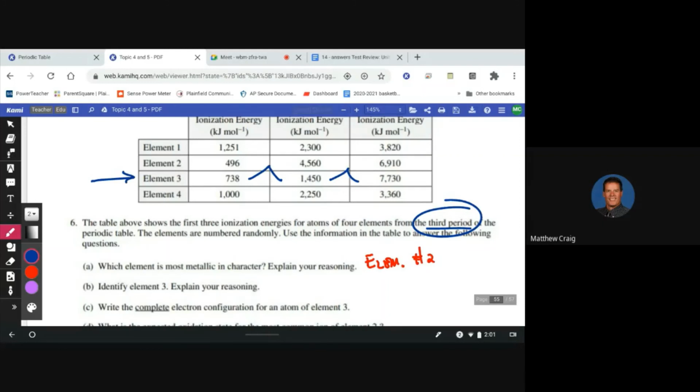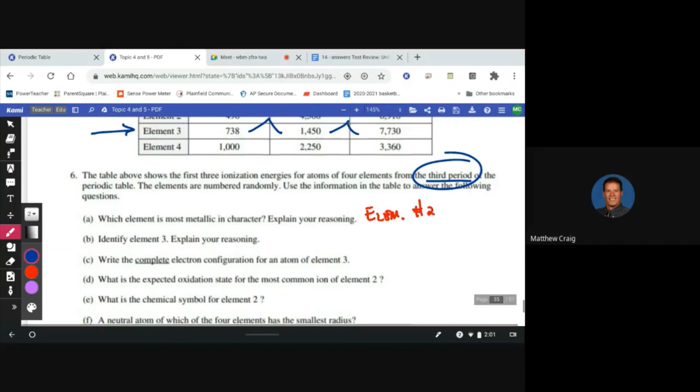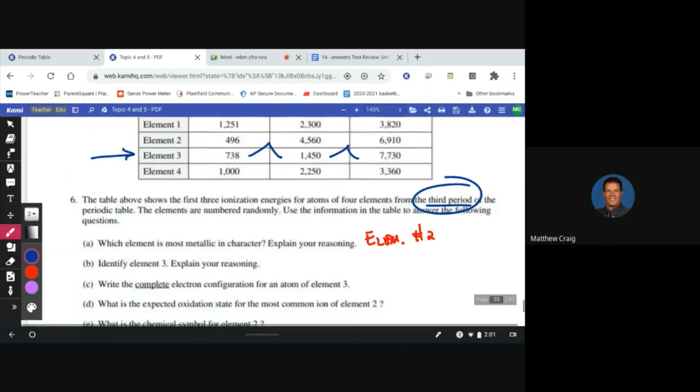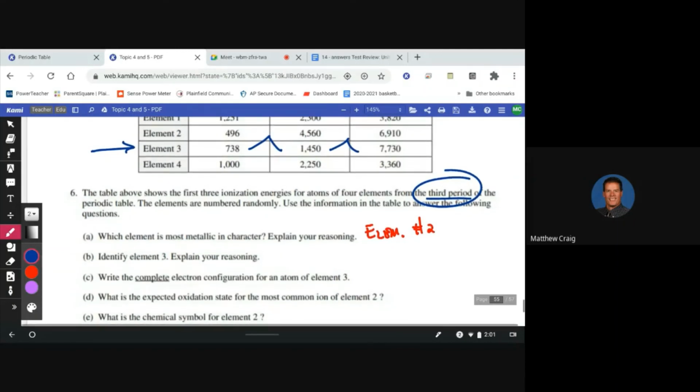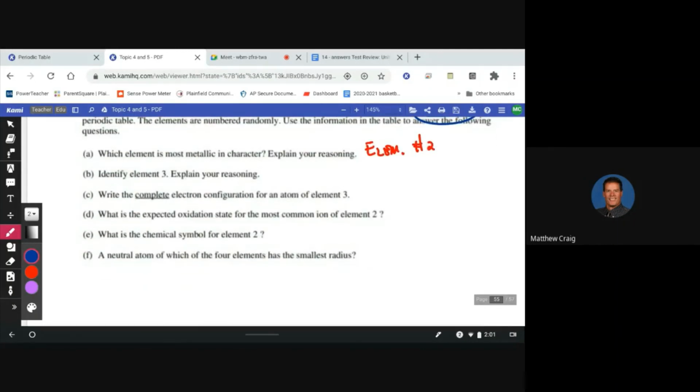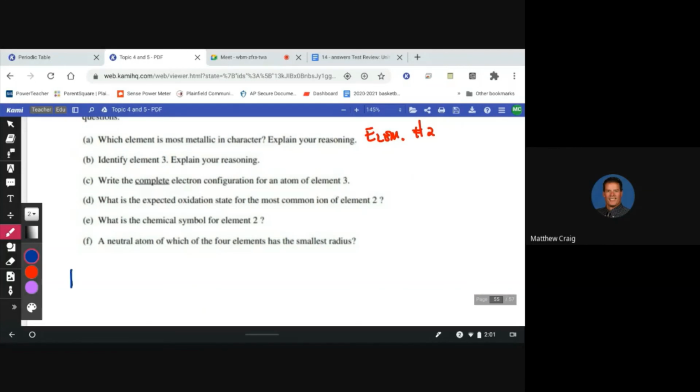Let's see. Letter C, write the complete electron configuration for an atom of element 3. Oh, so we're still on element 3. So write the complete electron configuration. So obviously you identified it as magnesium. Had you identified it as, I don't know, aluminum or arsenic, whatever, as long as you write that electron configuration correctly, you would have got the point for that.